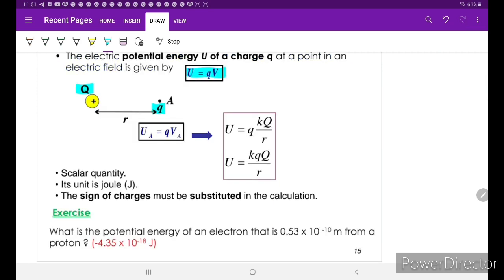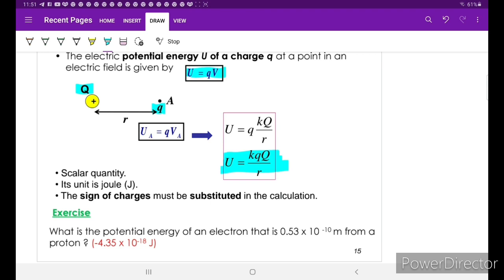We can also calculate the electric potential energy U by substituting V equal to kQ over R, capital Q. So we will gain the formula here.